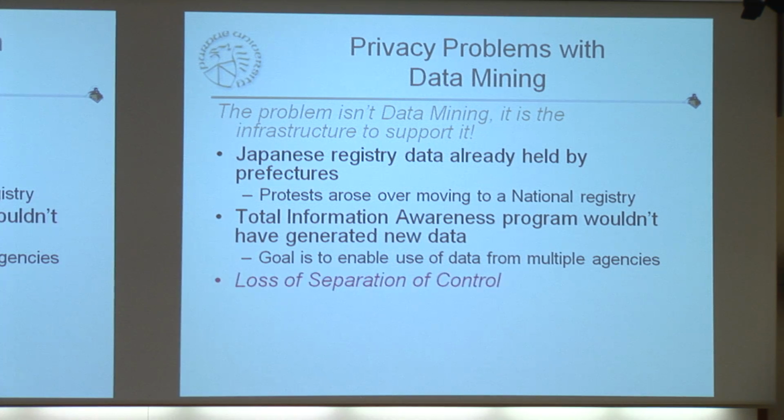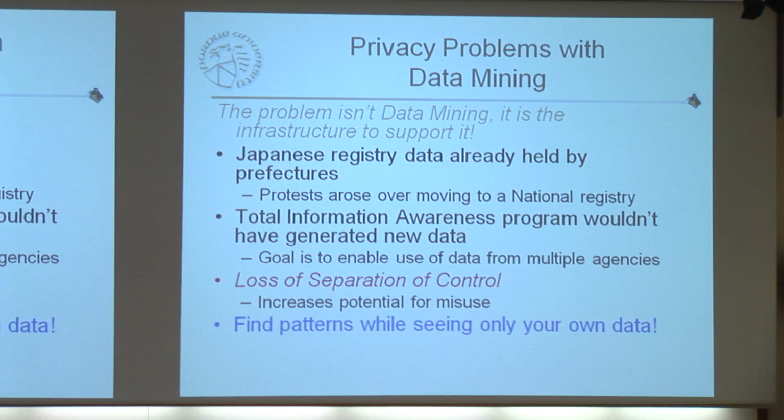It's this loss of separation of control. It used to be, before the TIA program, which got killed, by the way, if I wanted to get access to this complete profile about an individual, I had to get credentials allowing me to access the FBI's systems and the CIA's systems and the NSA's systems.